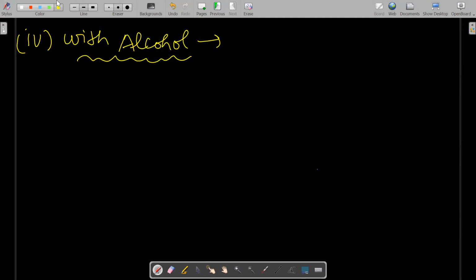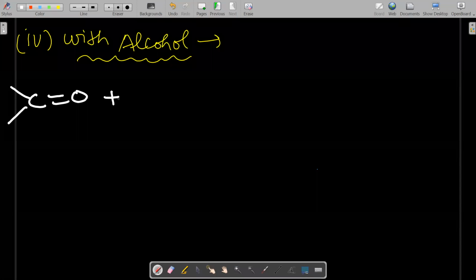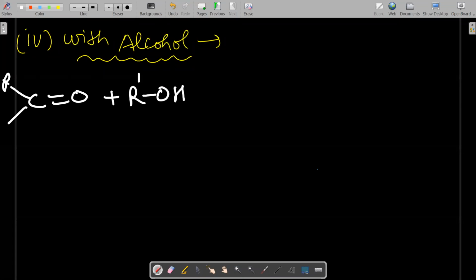See the reaction, what happens. The carbonyl compound reacts with monohydric alcohol. First we are taking monohydric alcohol, so in this case we have to take aldehyde.